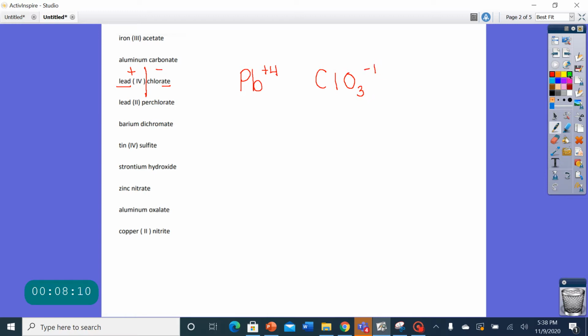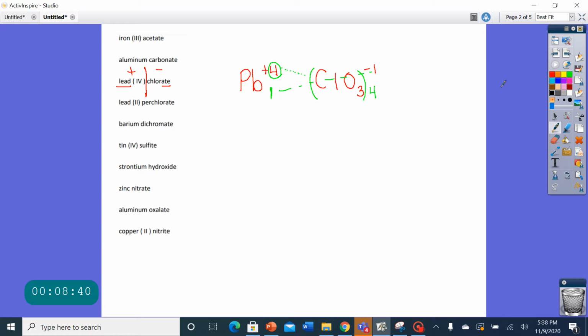So as before, I'm going to go ahead and crisscross those. So this 4 is going to be crossed, and remember, I'm crossing to a polyatomic ion. This number is greater than 1. So far all my examples have been that you put parentheses if you're crossing a number greater than 1 to a polyatomic ion. So therefore this is going to be a 4, and now I'm going to cross this 1. I can cross this 1 all I want, but I'm not going to show it in the final formula.